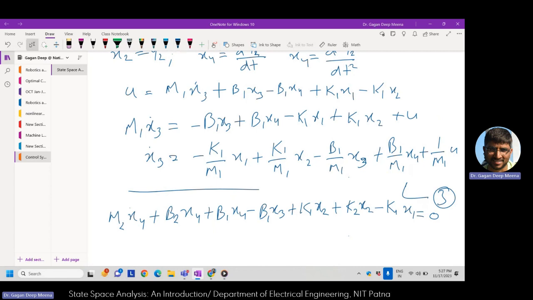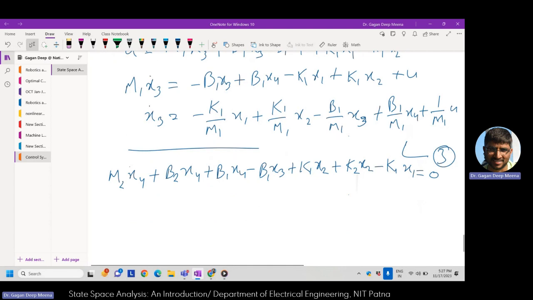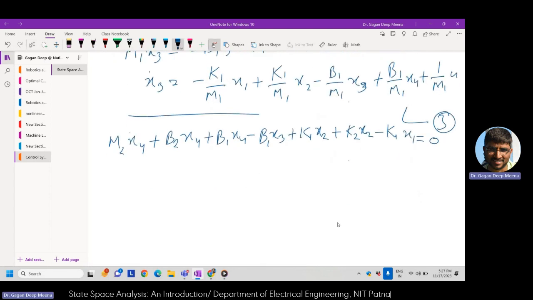So I'll do a little bit of reshuffling here and write it as m2 x4 dot equal to minus of b2 x4 minus of b1 x4 plus b1 x3 minus k1 x2 minus k2 x2 plus k1 x1.